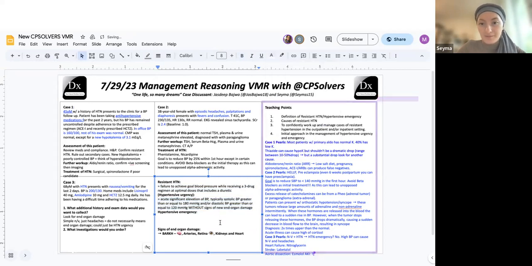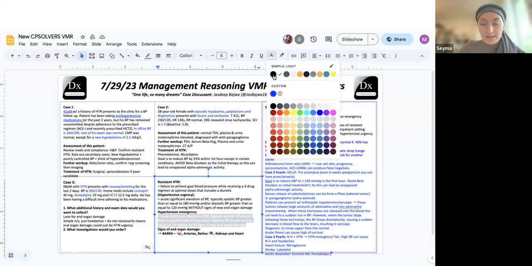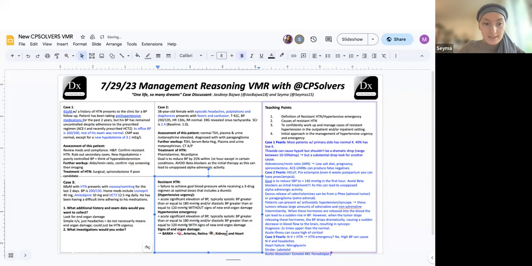So first line being used is urapidil IV. Urapidil is an alpha-1 blocker, and usually we give a bolus injection and then a continuous infusion. And urapidil can also be used off-label in hypertensive emergency in pregnancy. It is also being used as initial treatment in pheochromocytoma crisis.